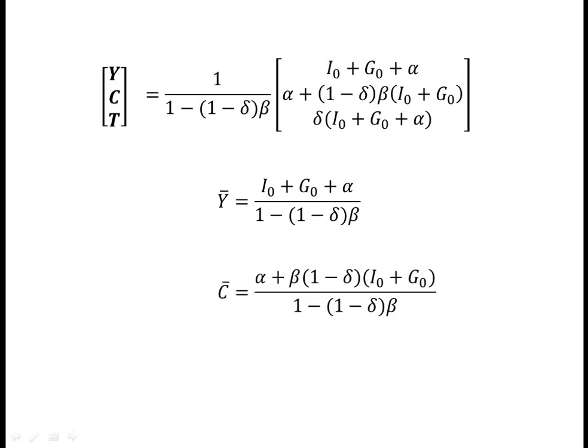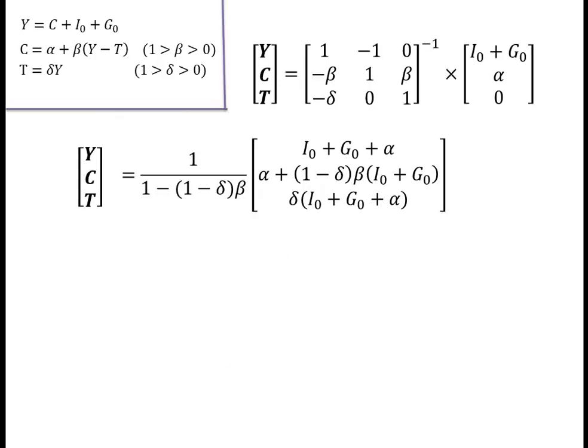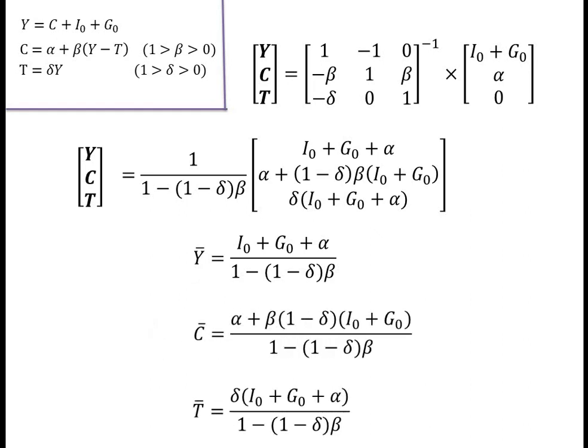C bar, or equilibrium consumption, is equal to alpha plus beta multiplied by 1 minus delta multiplied by I naught plus G naught divided by 1 minus delta into beta, and equilibrium taxes, that is T bar, is equal to delta times I naught plus G naught plus alpha divided by 1 minus delta into beta. We can solve a simple national income model by using the matrix inversion method. Thank you.